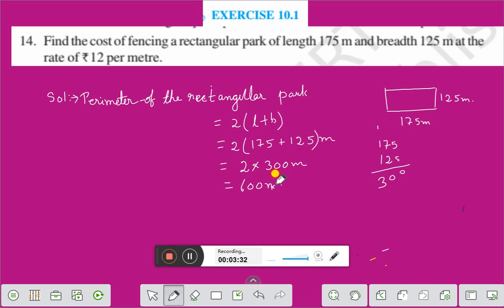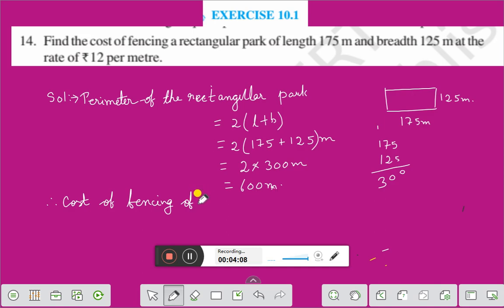Now, what is the question? The question is, what is the cost of fencing of a rectangular park of length 175 meter and breadth 125 meter at the rate of rupees 12 per meter? Therefore, you can write, cost of fencing of the rectangular park.